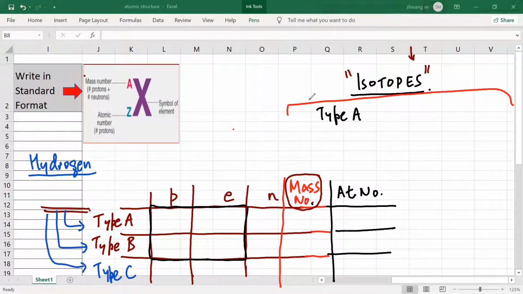Again, we'll do the same exercise. What would be the atomic number of the 3? 1. So proton, proton, proton, electron, electron, electron would be 1. Are we clear about this or not? Yes sir.